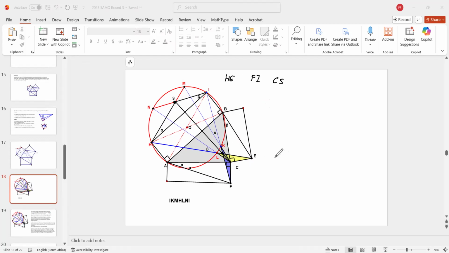I'm just putting that, I hope you can see that, right? It's where the blue and the yellow small triangles meet. So that's another intersection point. And CS. And to show that these 3 points are concurrent, that they all lie on the same straight line.